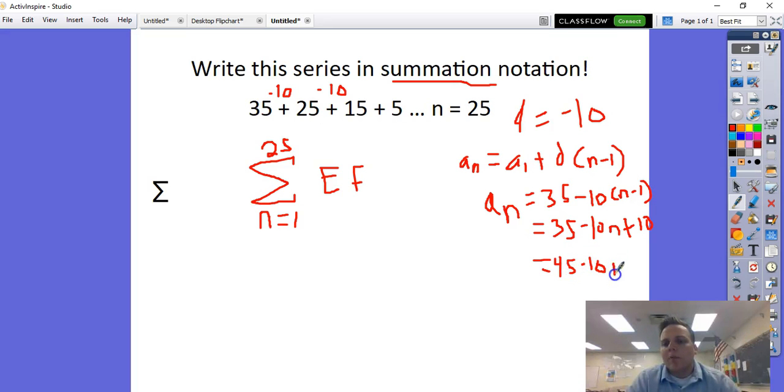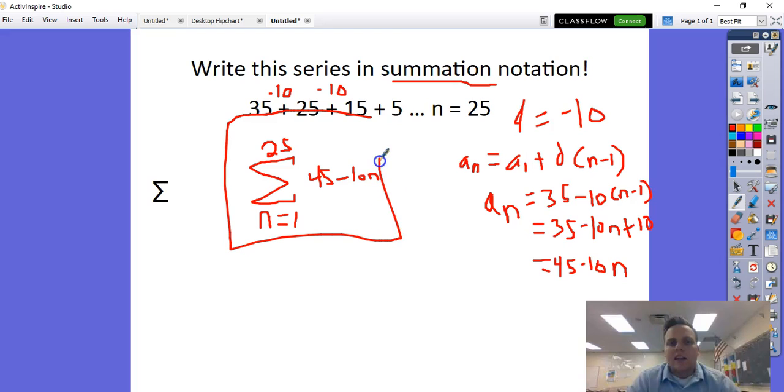Bam! That's my explicit formula. So I'm going to erase EF, because what I'm actually going to put here is 45 minus 10n. That is this series written in summation notation.